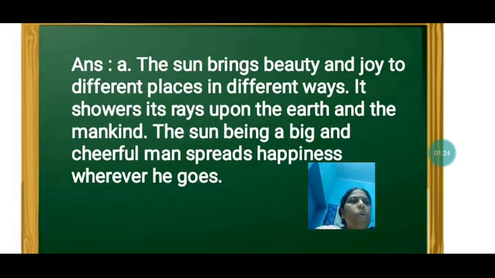The whole place is filled with the rays of the sun, and everything becomes very beautiful and delightful. The sun, being a big and cheerful man, spreads happiness wherever he goes. The sun is very big, as you all know, and wherever it goes, there is happiness.